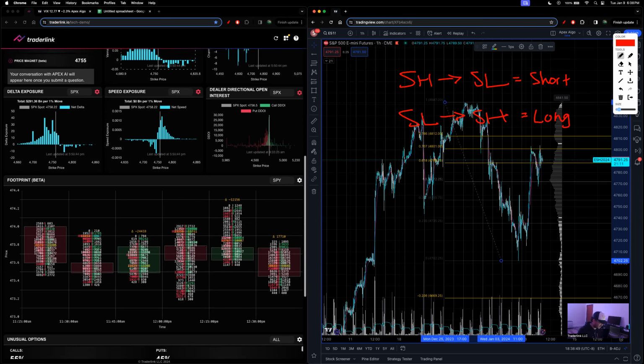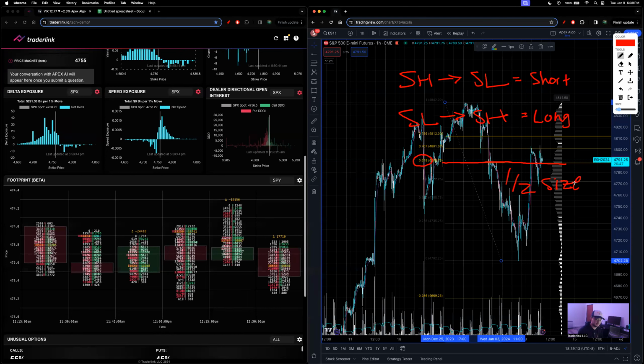My picture perfect setup, in my opinion, for fibs is at the 0.618, this one right here. This is going to be your initial entry. This initial entry is going to be half size, because occasionally it can reject here and never touch anything above it.